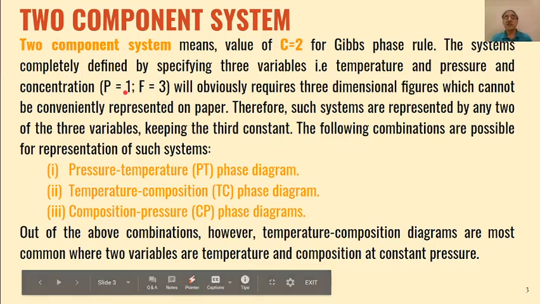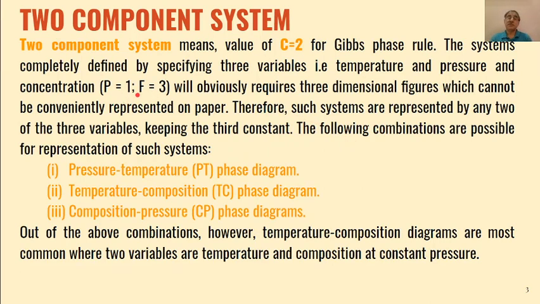Then in case of two component systems, if C is 2 and P is 1, as you have seen, F is equal to 3. And if the degree of freedom is 3, that means we need three-dimensional figures which are not conveniently represented on paper.